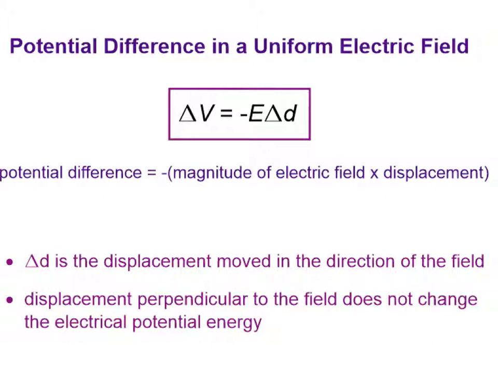This is the equation that's derived: the potential difference is equal to the negative of the magnitude of the electric field times the change in displacement. For this equation, delta D is the displacement moved in the direction of the electric field. Any displacement that is perpendicular to the field will not change the electrical potential energy.